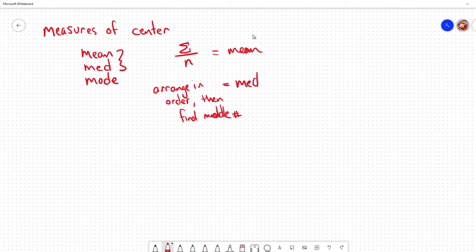Now, the reason why we're going to look at these two in particular is because sometimes it's preferable to use the mean. Other times, it's preferable to use the median. I gave this example earlier in the course, when we looked at annual income of a neighborhood.